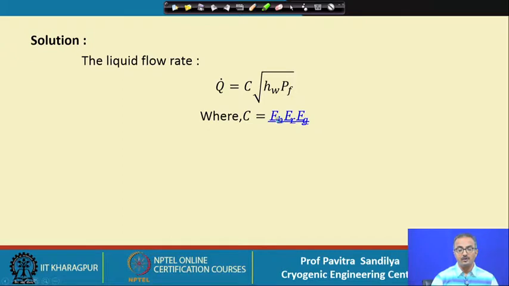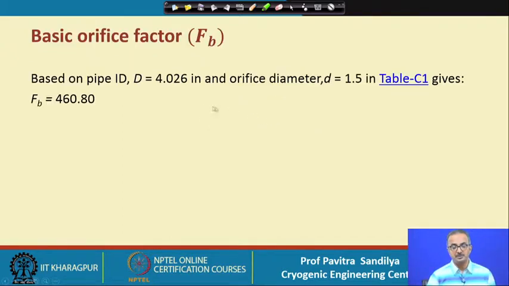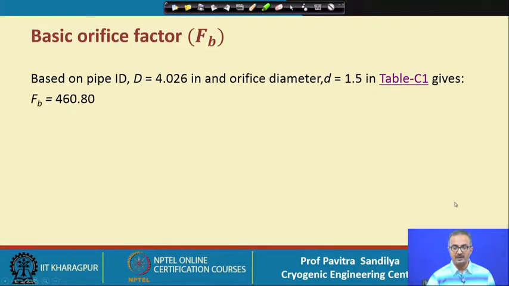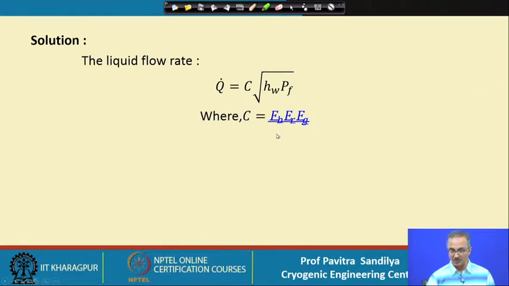So, we go to this expression for FB, and FB is obtained from this particular chart. Here we have the orifice diameter, and here we have the nominal diameter of the pipe. Depending on that, we find out the value of this factor, and this can be obtained from this particular reference, and we get the value of FB.